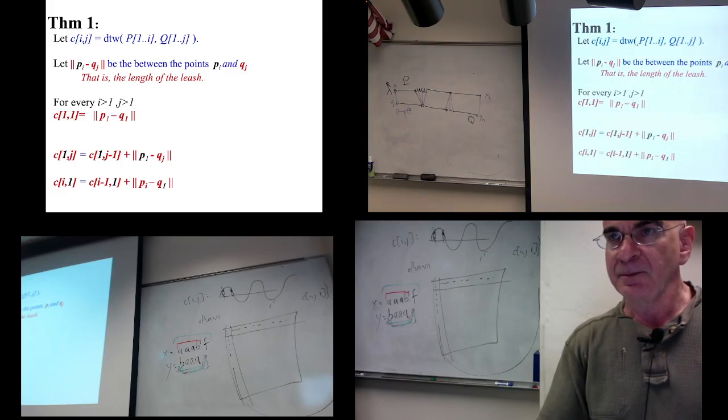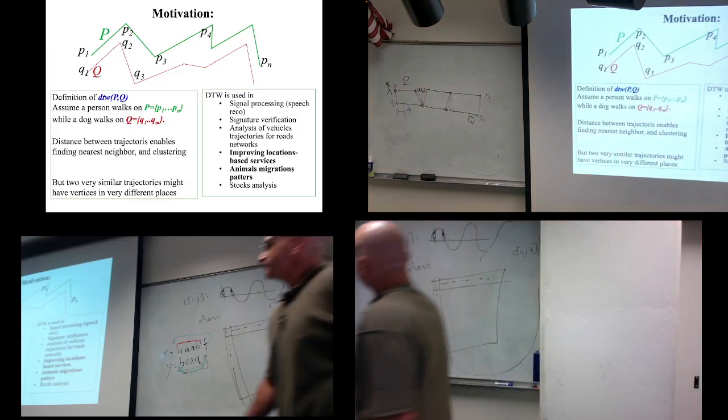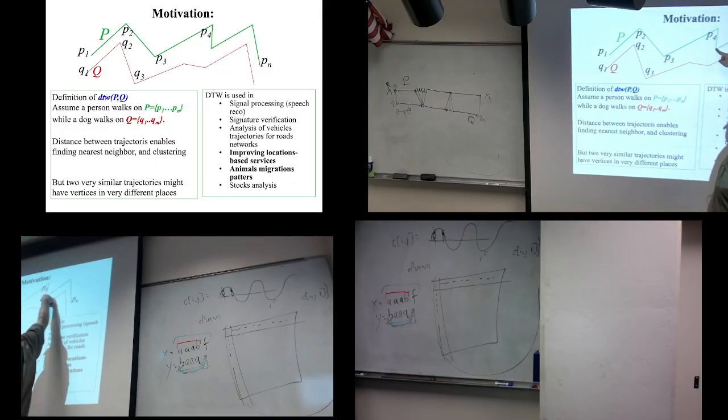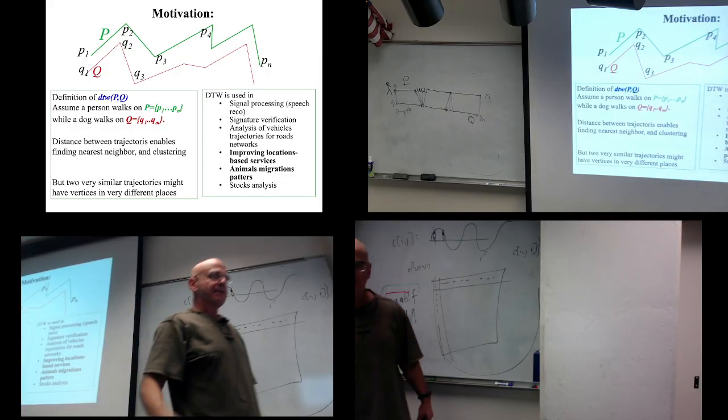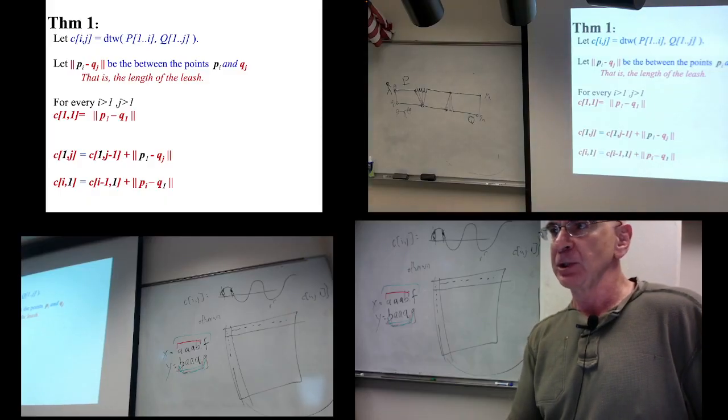That is, here I'm thinking about the polygonal path, going back one slide. Here I'm thinking about the polygonal path of the first i vertices of P and the first j vertices of Q, and Cij is the sum of lengths of the leashes after the optimum trajectory.